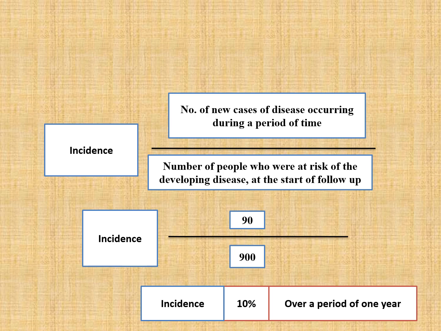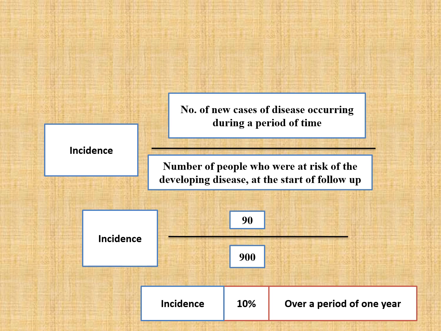The denominator is the total number of people at risk of developing the disease. We started with 1000 children, but 100 of them were not at risk of developing the disease. So at-risk children were only 900. So 90 divided by 900 is equal to 10%. So the incidence of measles in that community is 10% over a period of time.